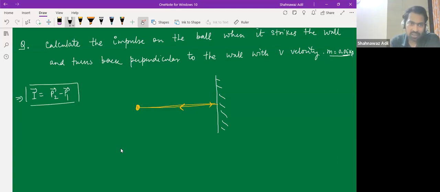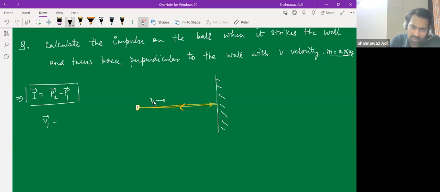Yes, sir. So the ball is going in this direction with v velocity. So what is v1? It will be positive. This is vectorial representation.